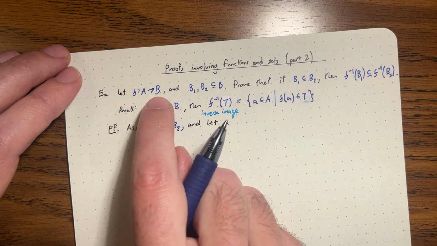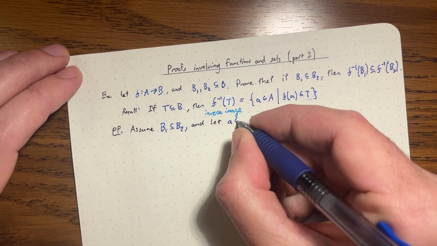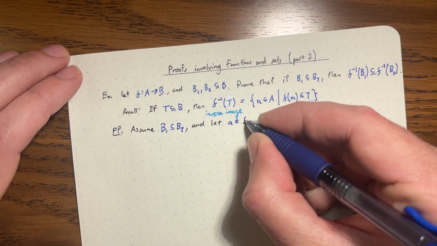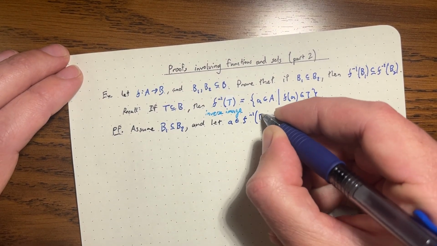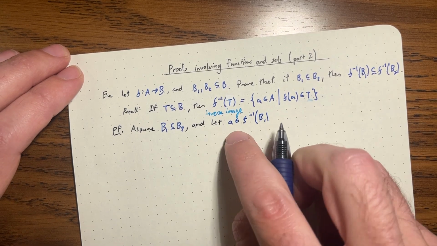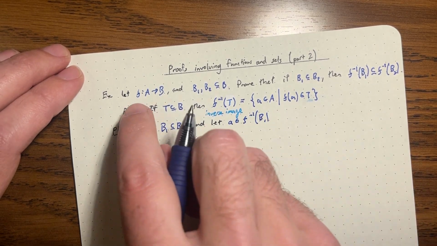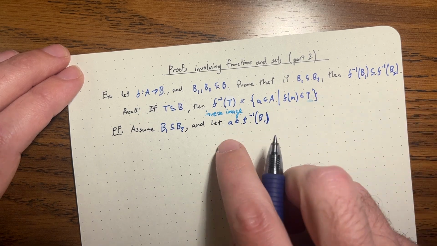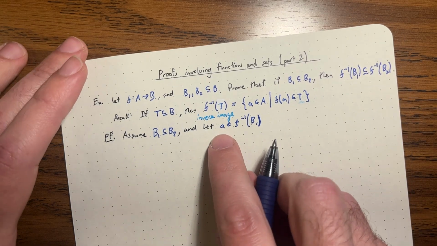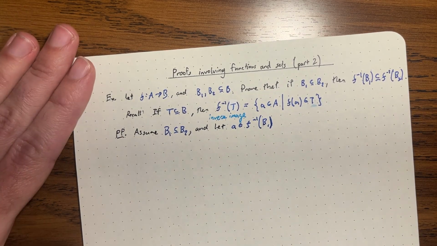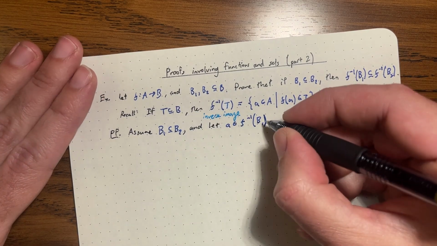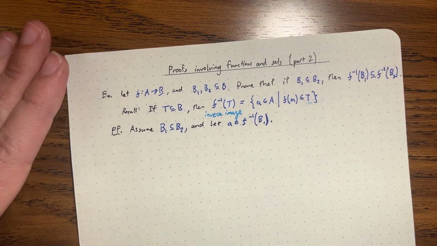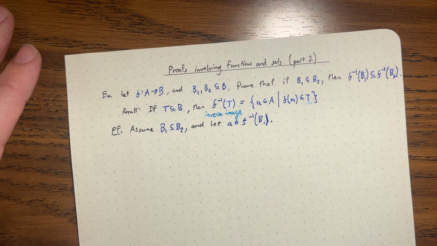That will help me avoid getting confused later. Like if I called this little b, I would probably get confused later because little b is actually living over here. I'm not saying the proof would be incorrect, but there's often a choice to make it easier for you to follow. So let a be in this set.